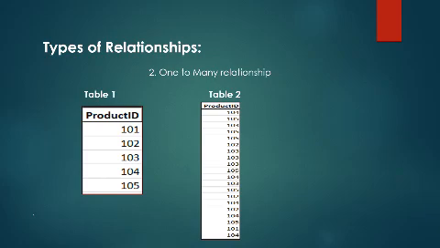Coming to the next one, a one-to-many relationship. Here we have one record. Let's consider this 104. For this record, we have different related records in the other table.